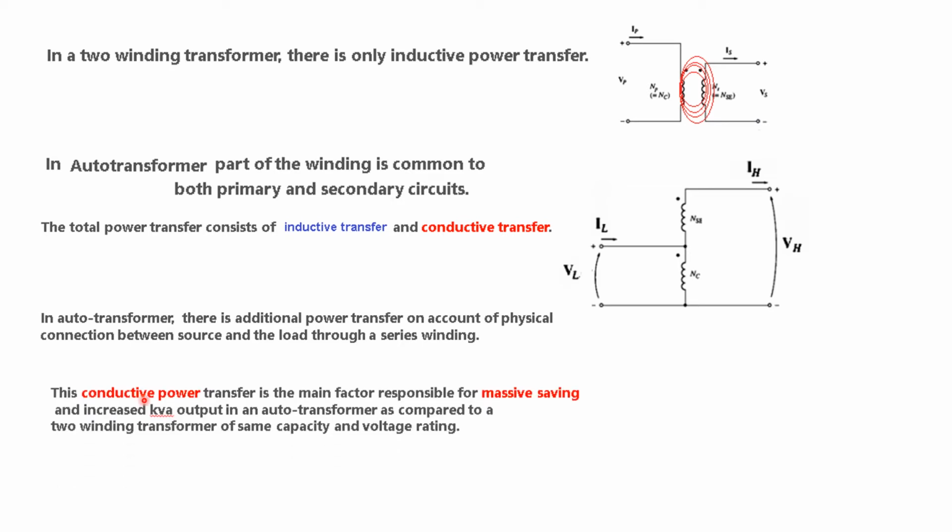This conductive power transfer, the one which is going directly, is the main factor responsible for massive saving and increase in kVA output of the autotransformer as compared to the two winding transformer. So we'll see how the saving is done and how more power is achieved in case of an autotransformer.